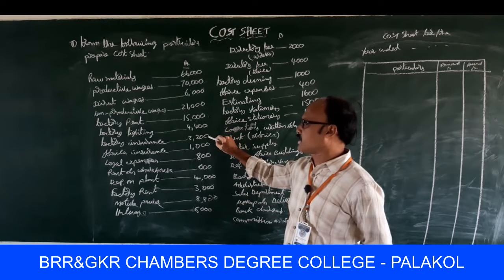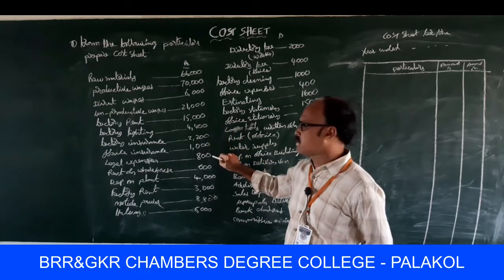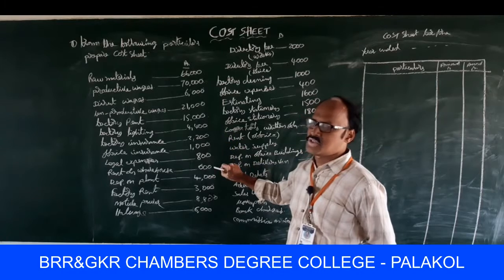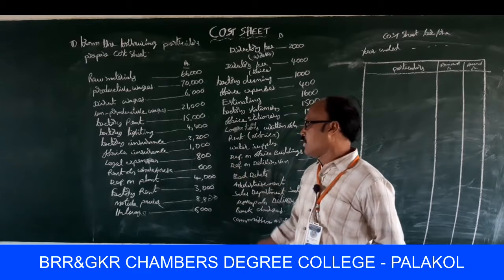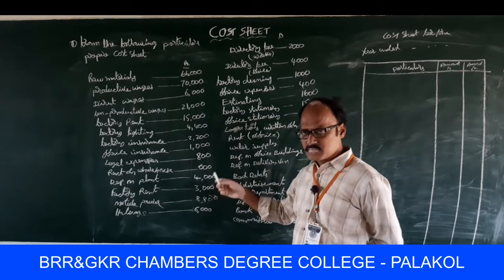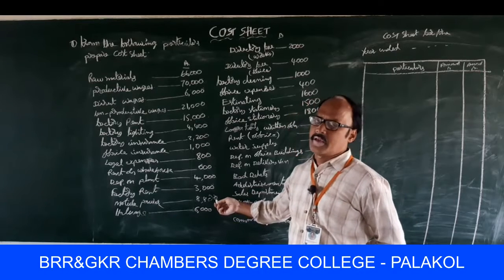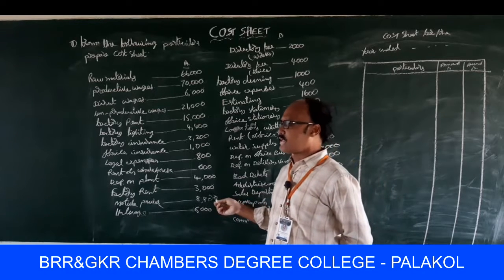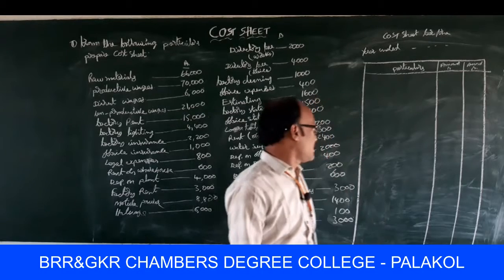Factory insurance, factory overheads. Office insurance, office overheads. Legal expenses, office overheads. Rent of warehouse, sales and distribution expenses. Depreciation on plant, factory overheads. Factory rent, office overheads. Motive power, related to factory overheads. Haulage, factory overheads.